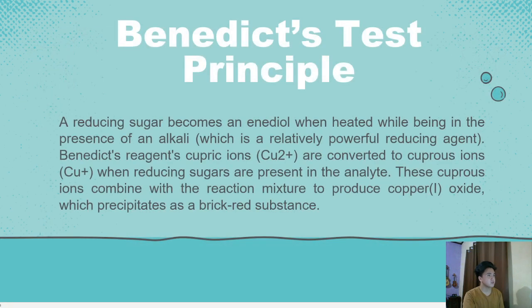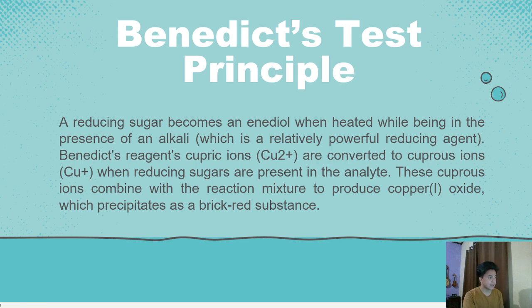So, Benedict's test principle. A reducing sugar becomes an enediol when heated in the presence of an alkali, which is a relatively powerful reducing agent. Benedict's reagent's cupric ions are converted to cuprous ions when reducing sugars are present in the analyte.